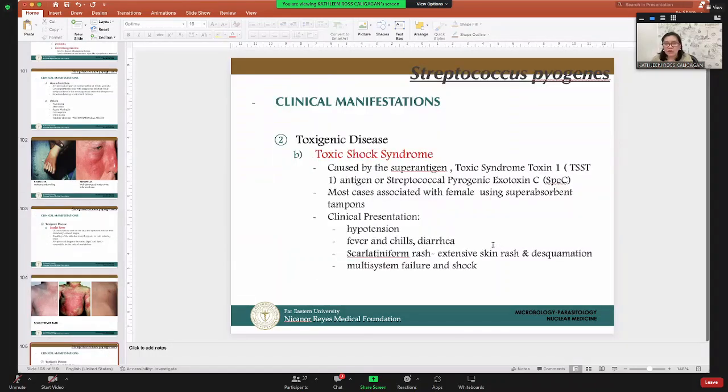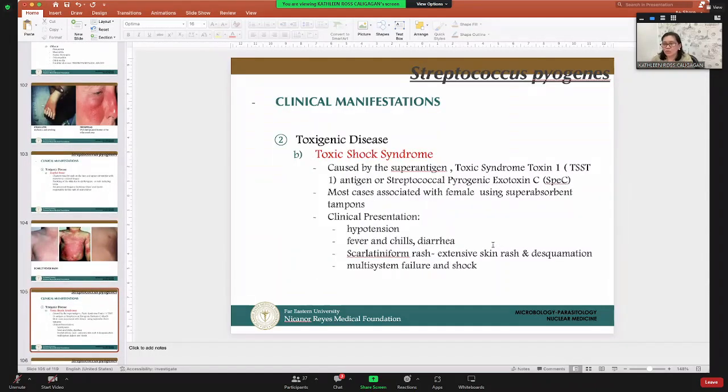Or you may have toxic shock syndrome as a toxigenic manifestation of Streptococcus pyogenes caused by toxic shock syndrome toxin 1. The clinical presentation is the same as Staph aureus: hypotension, fever, chills, diarrhea, and a scarlatiniform rash.